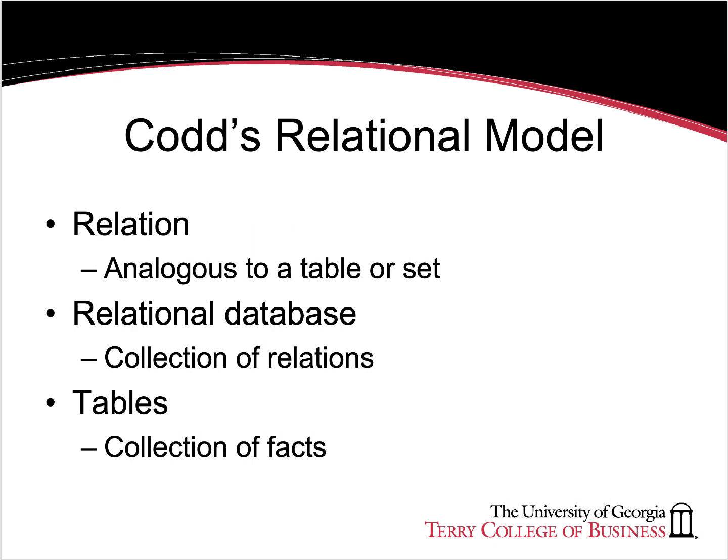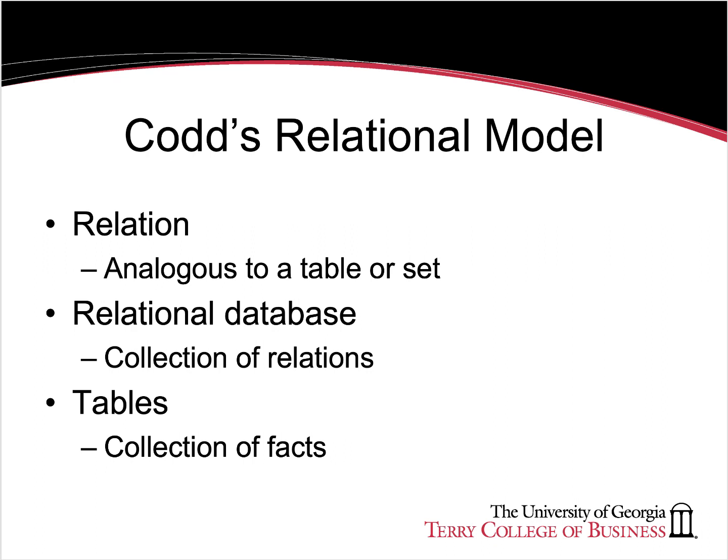A table consists of rows and columns, and each row contains a separate instance of data. A relational database, consequently, is a collection of relations, and consequently is a collection of tables. Tables themselves are collections of facts or things that we want to know about.